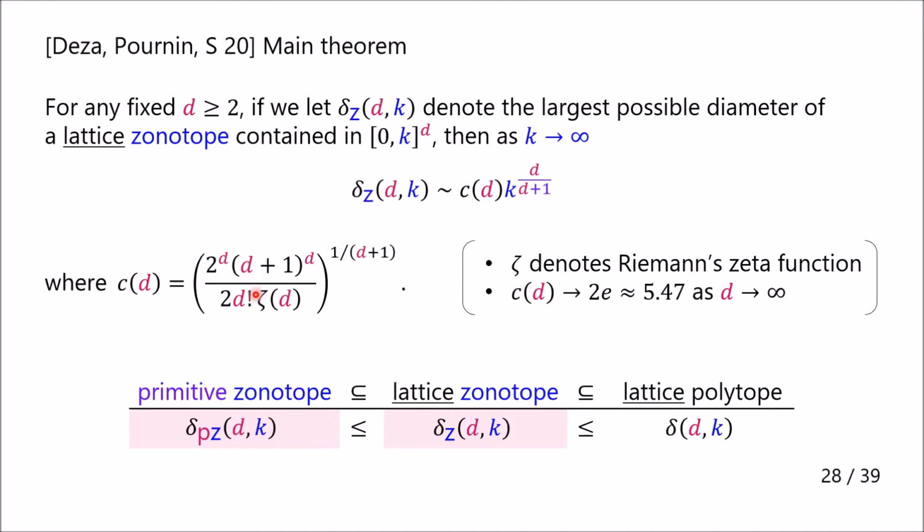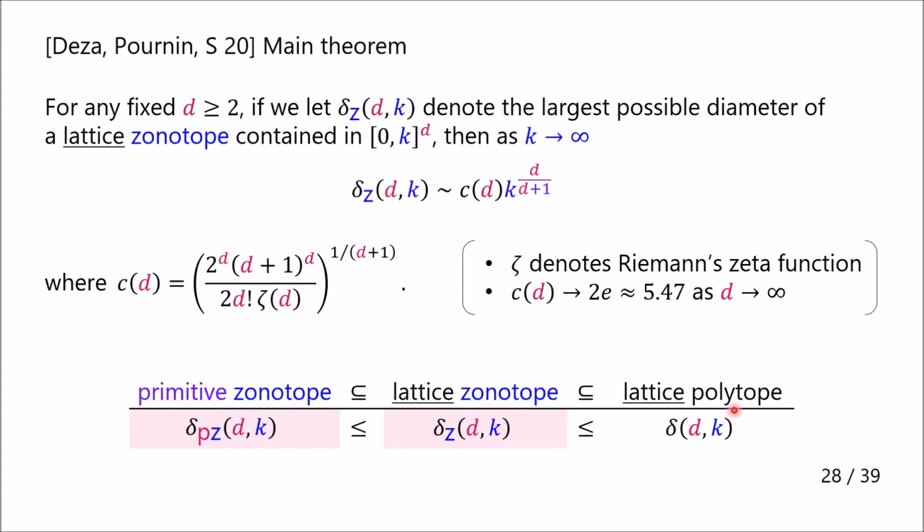And here, zeta denotes the Riemann zeta function, and one can verify that C(d) converges to 2e, which is approximately 5.47 when d goes to infinity.